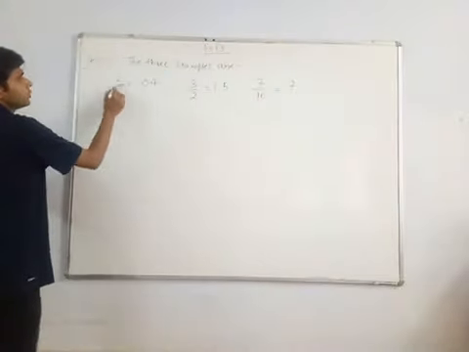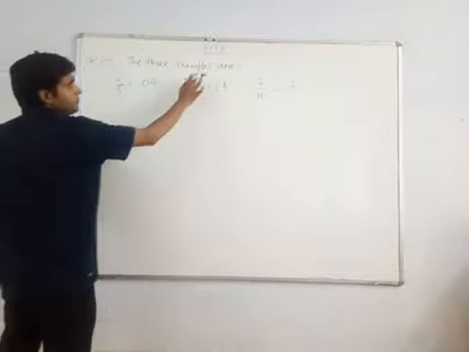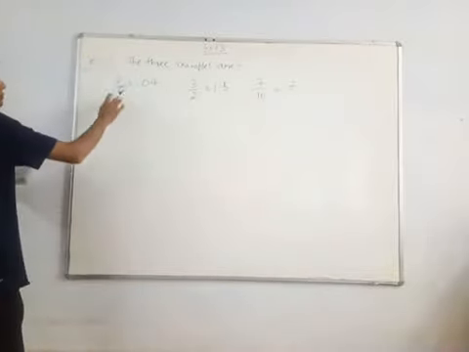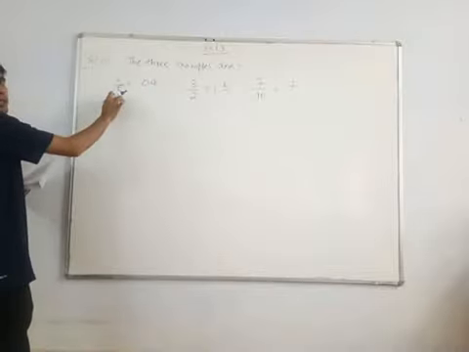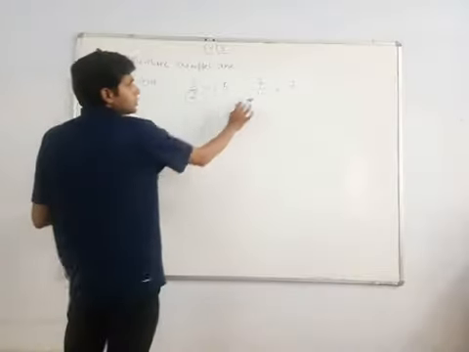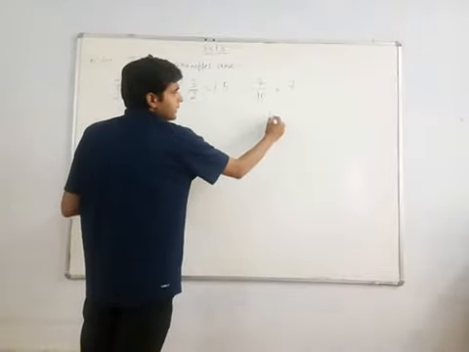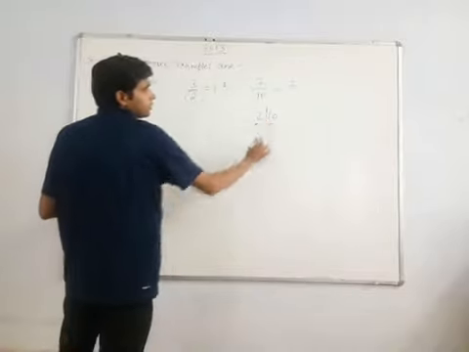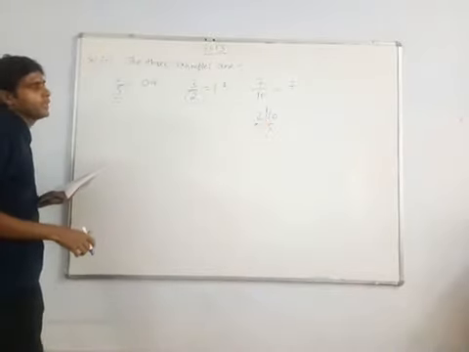In this p upon q, q is 5, in another q is 2, and in another q is 10. So q is a factor of only 5, q is a factor of only 2, and q is a factor of 2 and 5. 10 is a multiple of 2 and 5.